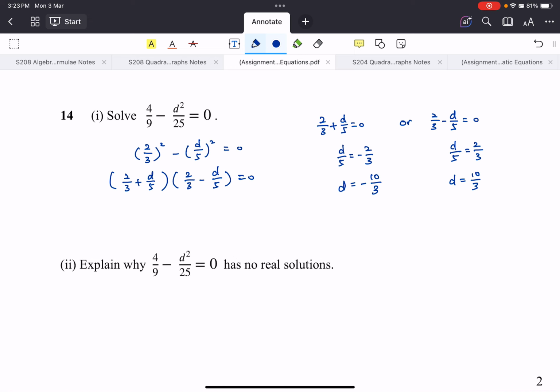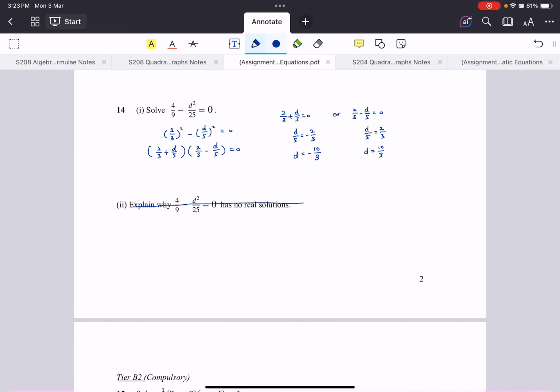The question says to explain why it has no real solution. It's quite real to me. There is a real solution. Okay, so this is not good. There's an error in the question, so take note of that.